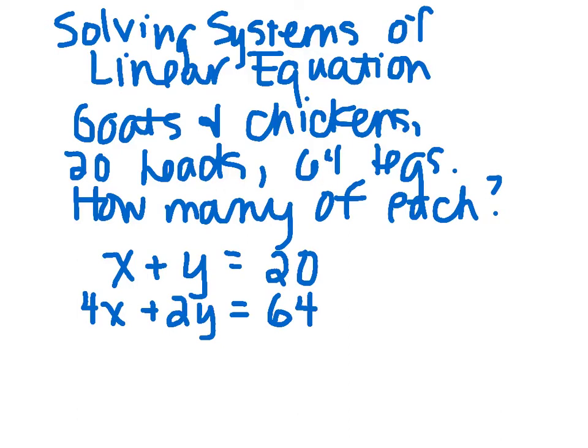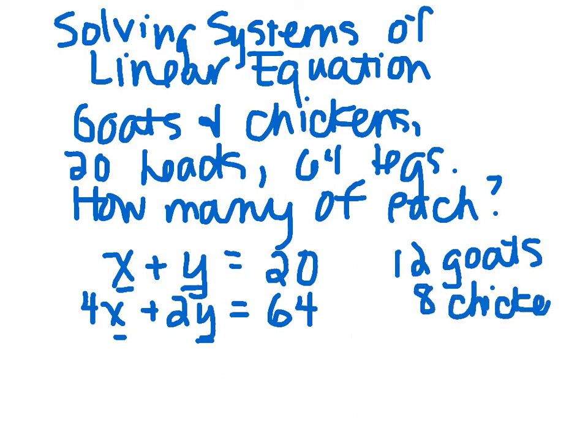So this is called a system because it's two equations, and in each situation we're talking about the same goats and the same chickens. So what we know is that in the end there were 12 goats and 8 chickens.